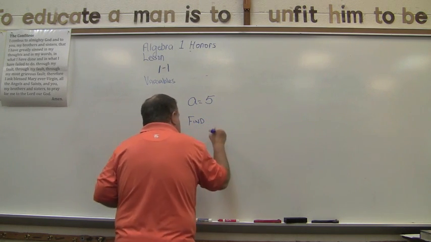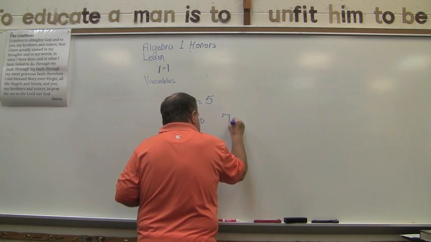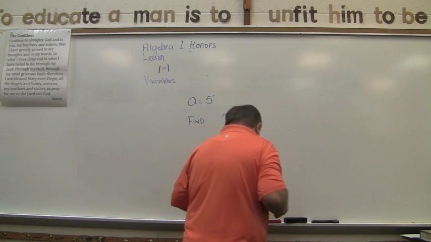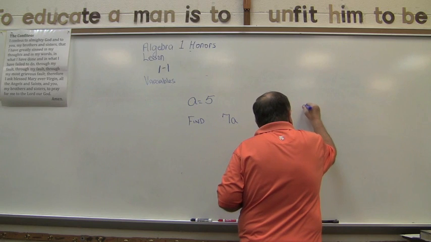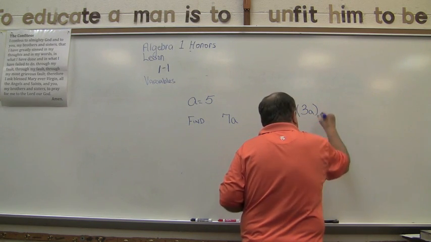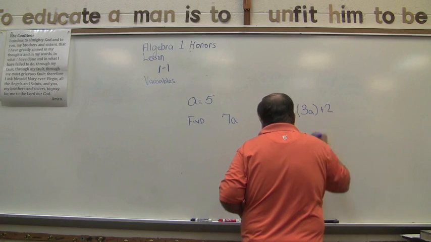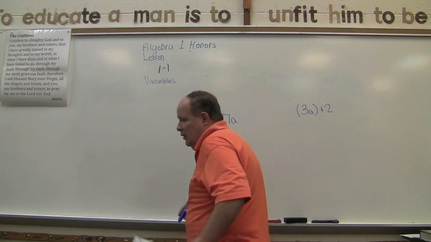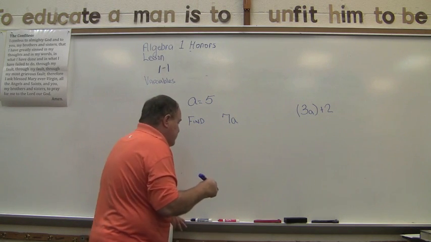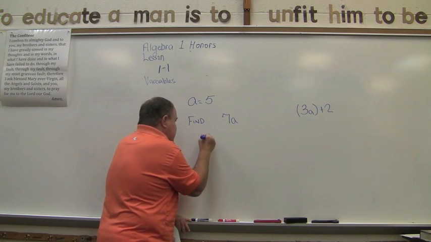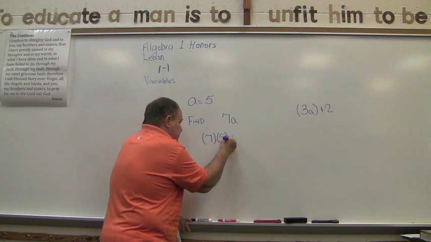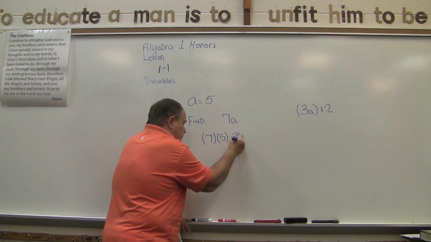when it's 7 times A, and over here, when it is 3 times A plus 2. To solve any of these, we take the name for A, which is now 5, and we do the operation. 7A means 7 times 5. 7 times 5 is 35.